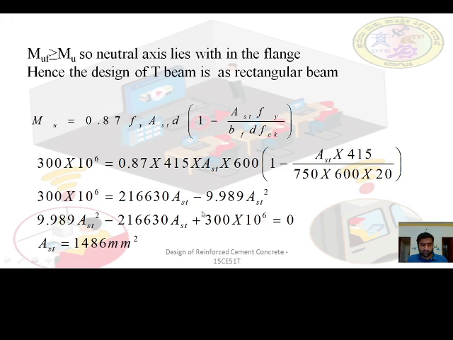I think you have done this in your beam design, but I will just tell you once again. You have to change the mode of the calculator. Next to the on button there is a mode key. Press mode, and keep pressing mode till you get equation. Press 1, because in equation they are given 1.